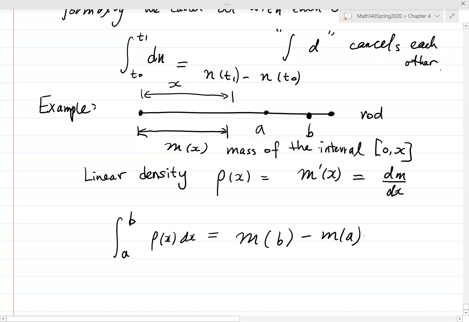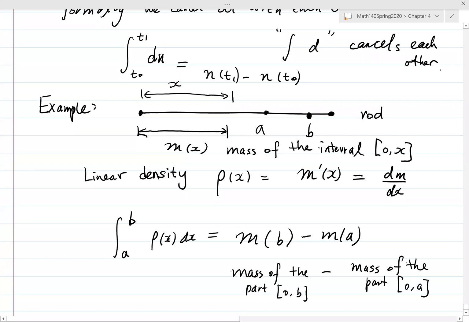That is, the mass of the part 0 to b, subtract the mass of the part of the segment 0 to a. Then if they subtract, the remaining thing is the mass of the piece a to b.